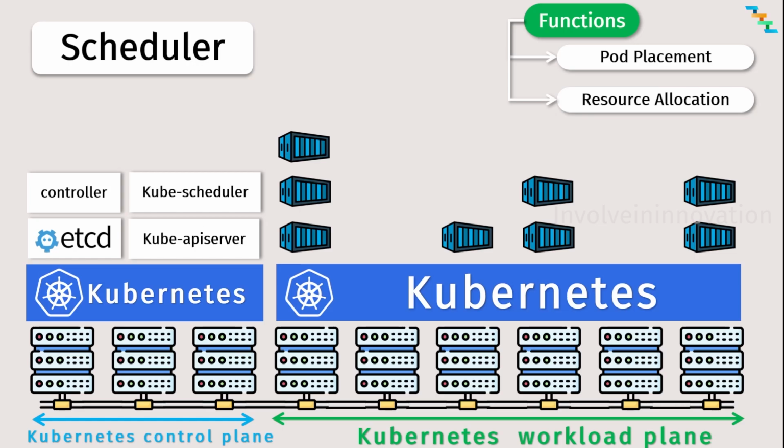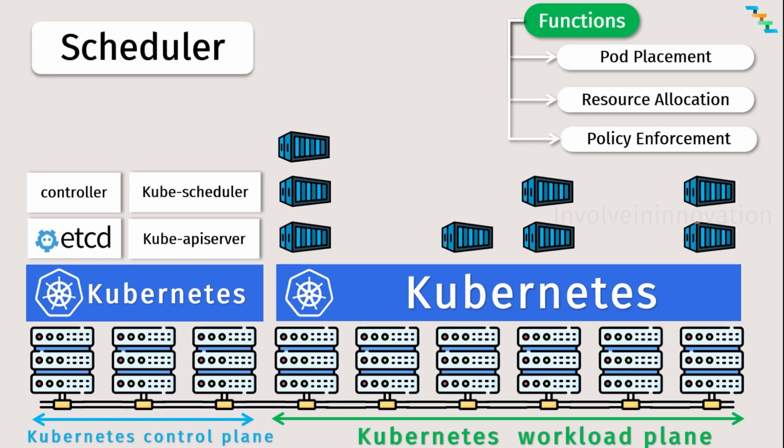And then the third function is policy enforcement. It enforces scheduling policies and constraints defined by users, such as node selectors, taints and tolerations, and affinity and anti-affinity rules. We will learn about these different jargons later in this series.